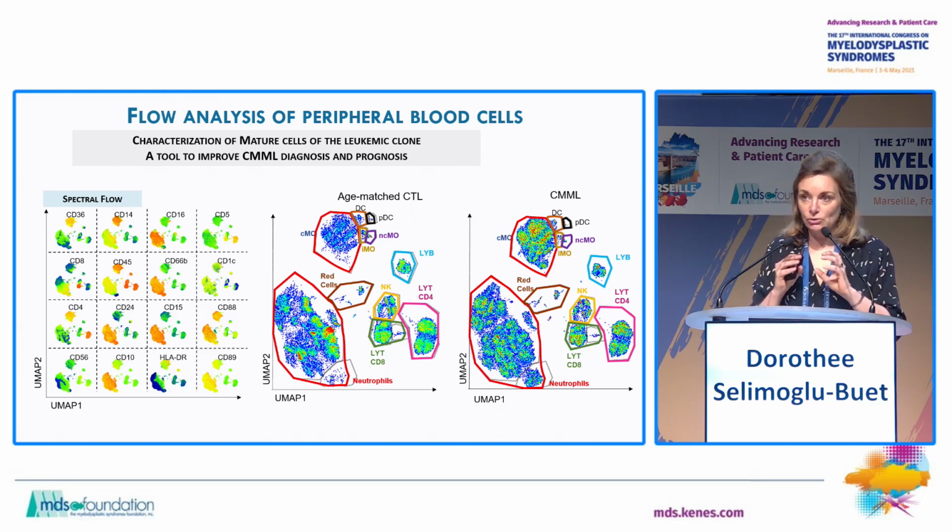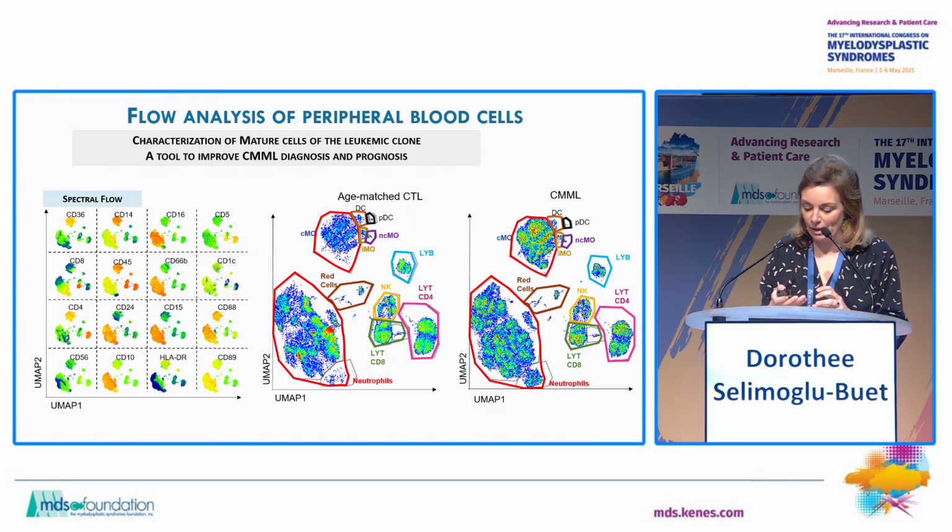I would like to show you today that using this technology for the characterization of populations in the peripheral blood of CMML patients helps us to improve the diagnosis and the prognosis of this pathology, and I guess helps us to better understand this pathology and the mechanisms leading to its development.